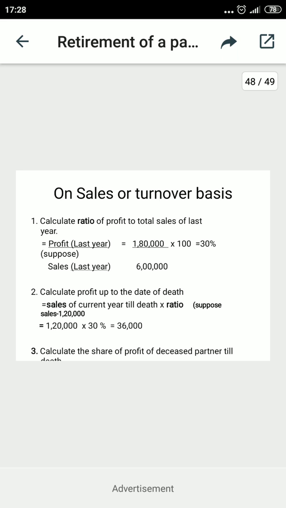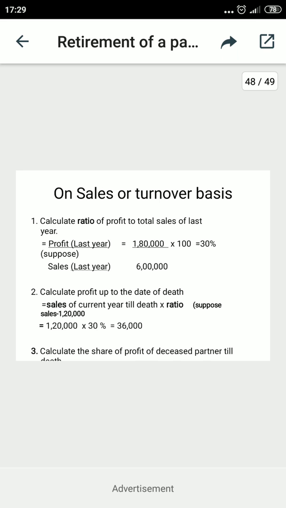So first you have to see the sales of the current year till the date of death and then apply this percentage, 30%. Supposing 1,20,000 is the current year's sales, multiply by 30%, then the profit derived will be 36,000 on the sales of 1,20,000.